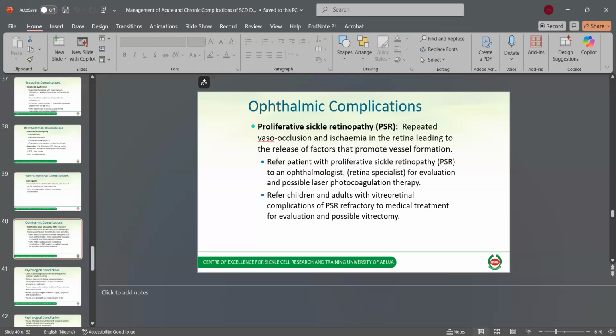Refer a patient with proliferative sickle retinopathy to an ophthalmologist for evaluation and possible laser photocoagulation therapy. Refer children and adults with vitreoretinal complications of proliferative sickle retinopathy that is refractory to medical treatment for evaluation and possible vitrectomy.